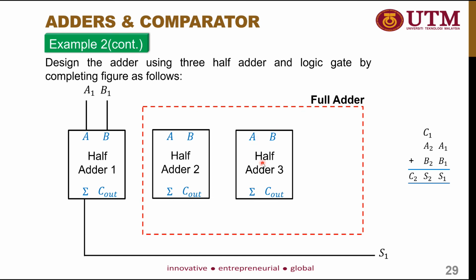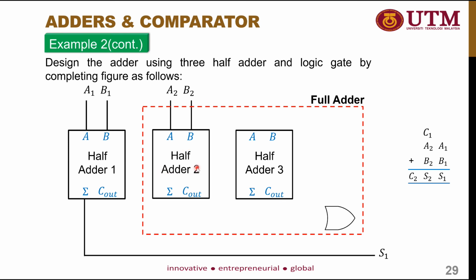Okay, so we proceed to the design of the full adder by using 2 half adders. Based on the previous slide, I already showed you the connections of each and every pin that needs to be connected in order to design a full adder by using 2 half adders. For the design, you need another logic gate, which is the OR gate. The first step of connecting this expression into the full adder is to connect A2 and B2 to the second half adder.